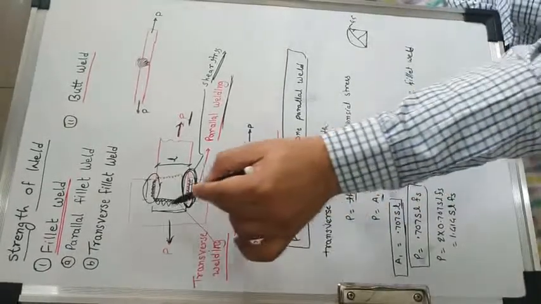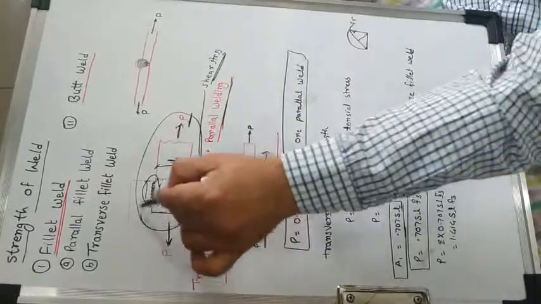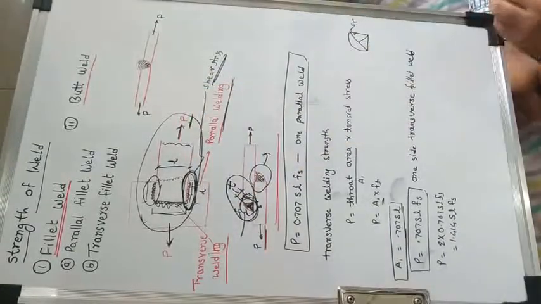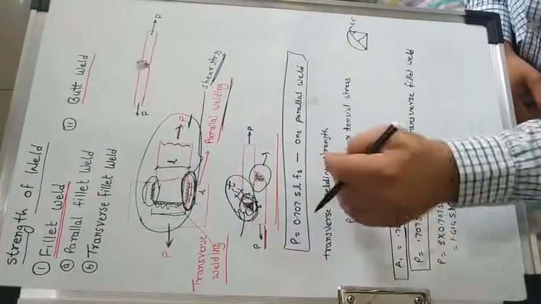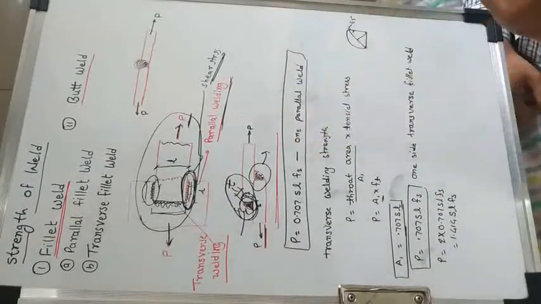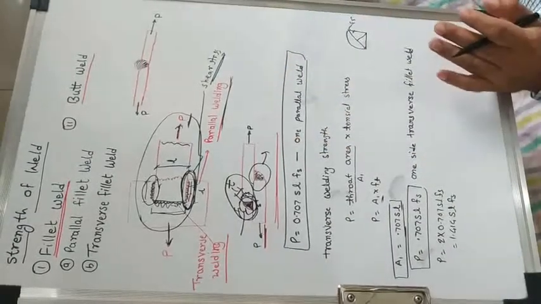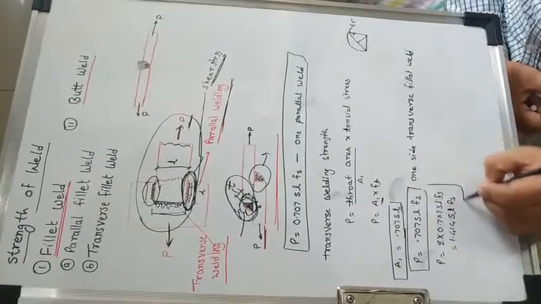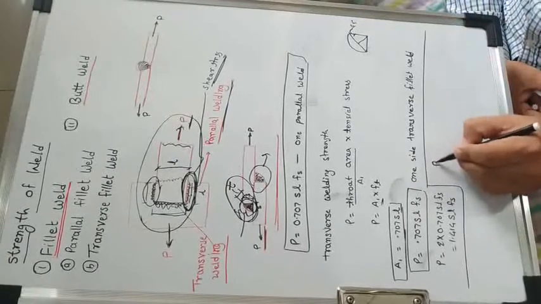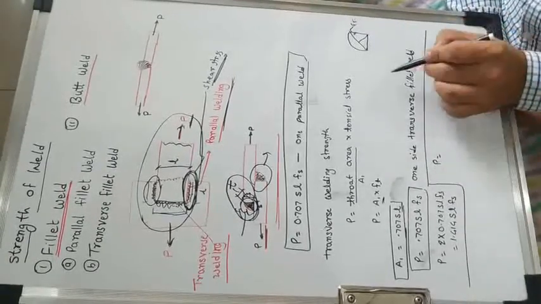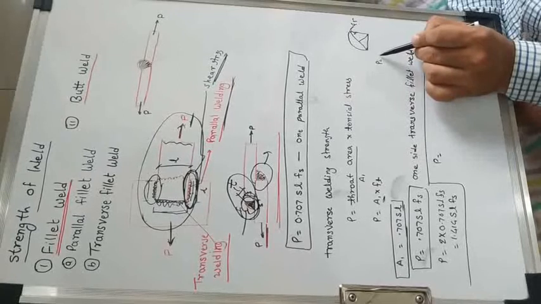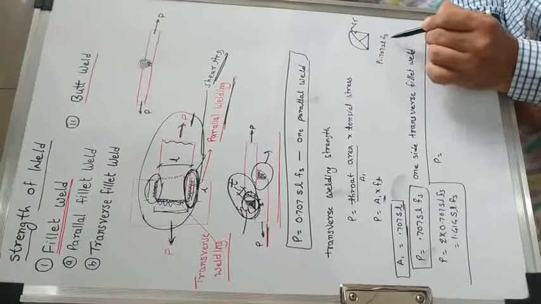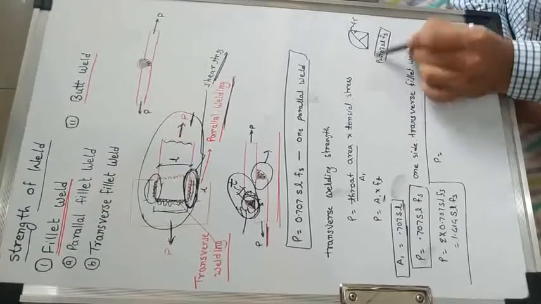So sometimes both weldings are done in a part. If we combine both the weldings, parallel and transverse, generally we can say combined welding of transverse and parallel. Then what will be the strength of that? We have seen that P is equal to 0.707 SL Fs for single.